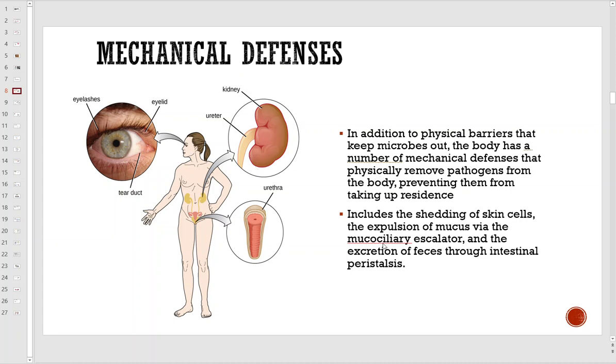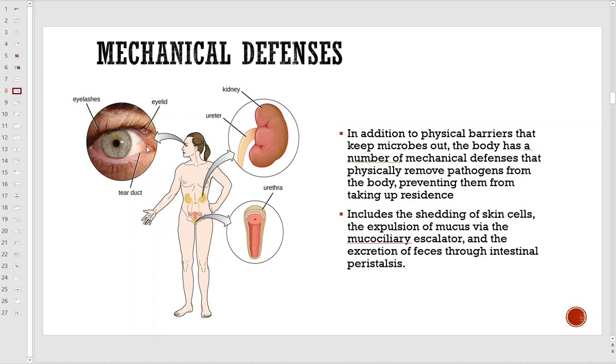Mechanical defenses: shedding, expulsion, the mucociliary escalator, feces, and actually in our urinary system too. The bladder is sterile. Most of the urethra is where you start to pick up bacteria, but the flushing action of urination is going to wash out a lot of those.